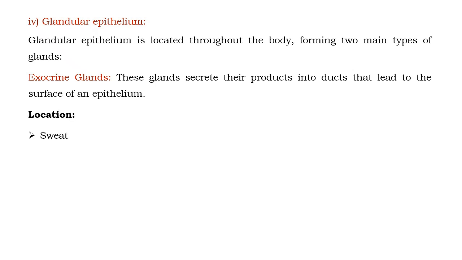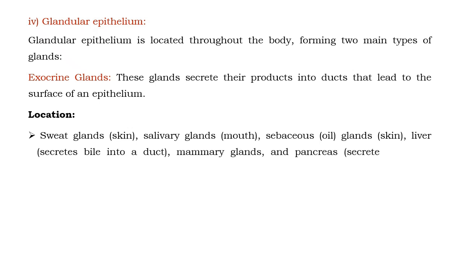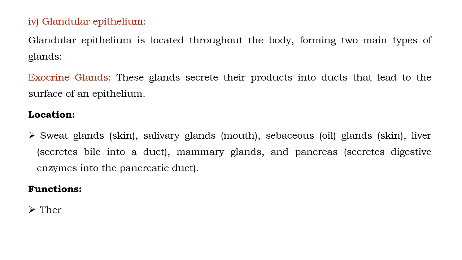Location: sweat glands in skin, salivary glands in mouth, sebaceous oil glands in skin, liver secretes bile into a duct, mammary gland, and pancreas secretes digestive enzymes into the pancreatic duct. Functions: thermoregulation, lubrication, digestion, protection, etc.